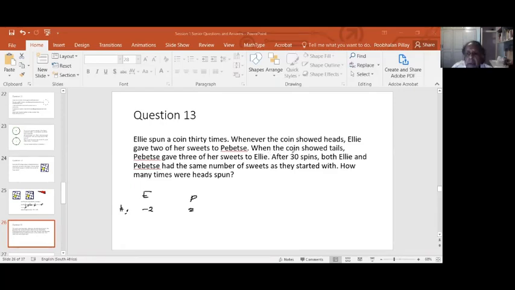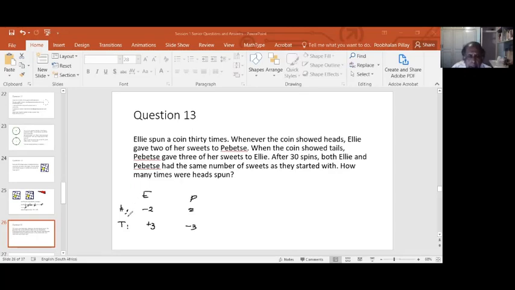If you continue to read, when the coin showed tails, Pabetse lost out, and she gave 3 of her sweets to Ellie. Now, after 30 spins, both Ellie and Pabetse have the same number of sweets.